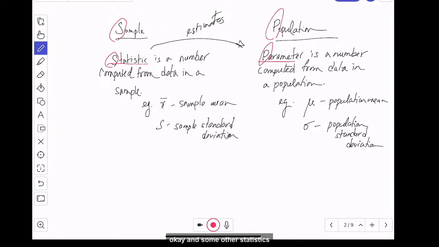Okay, and some other statistics I'll discuss, although in finance, at least in this course, we focus on the mean and standard deviation, so those are mostly it. But you also know the alternative to the mean, which is the median, or I'll call it the sample median.